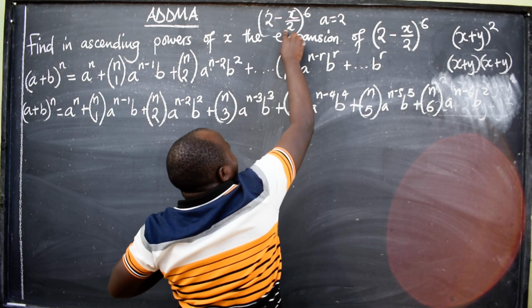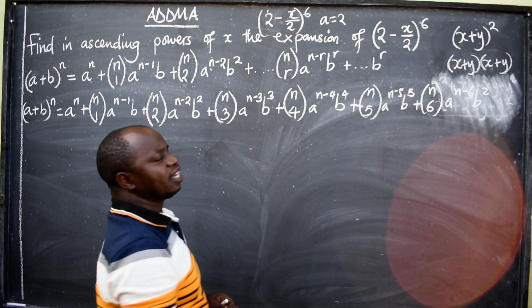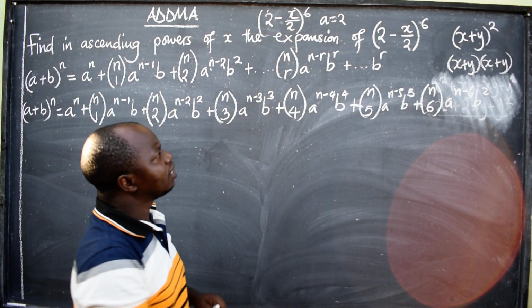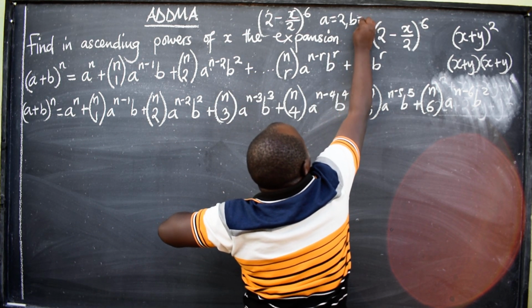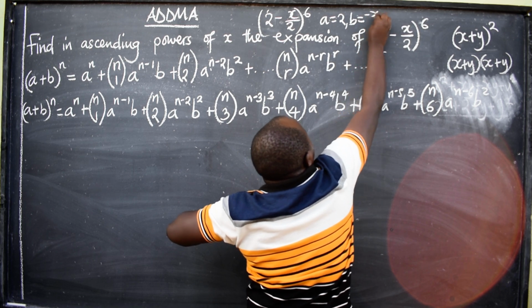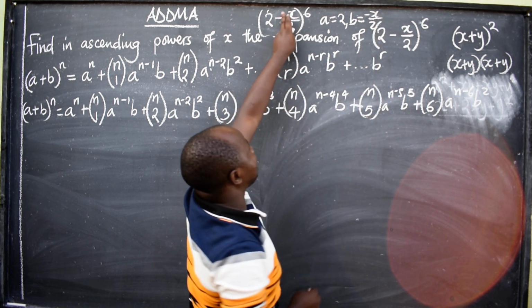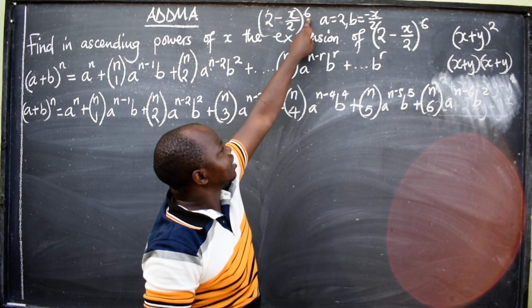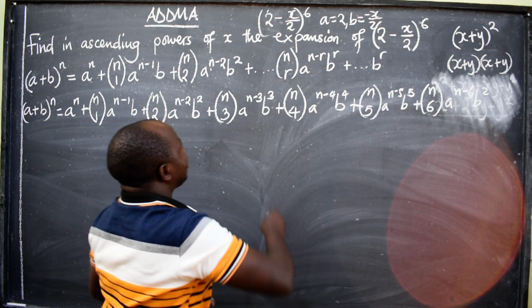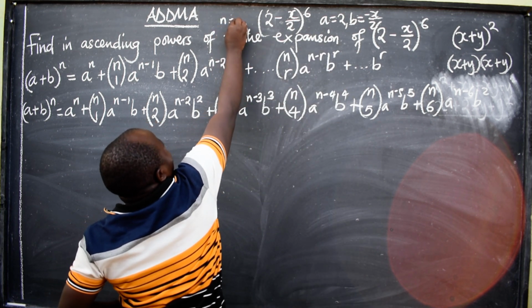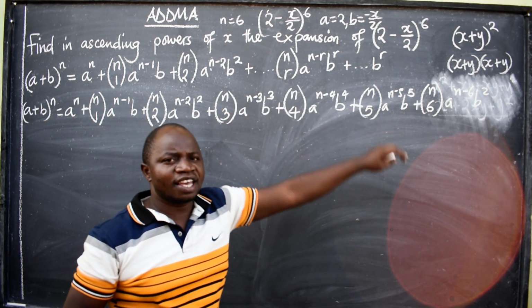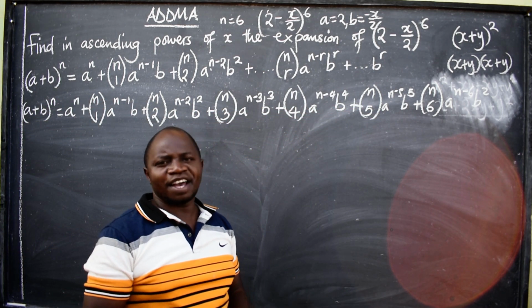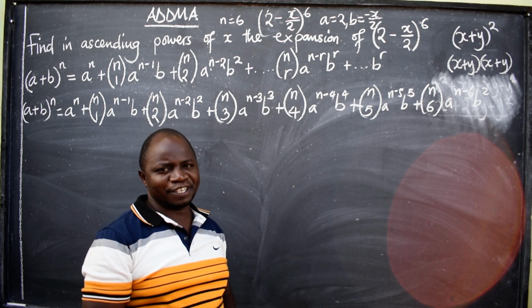This second term here, together with the sign, is your b. So we have b is equal to negative x over 2. That is our b. Then n is your power. N is my power here, which is 6. You substitute in the formula here, simplify, you get your expansion.